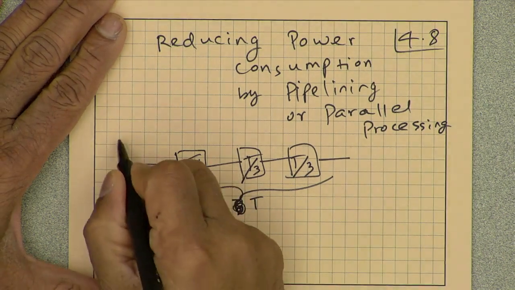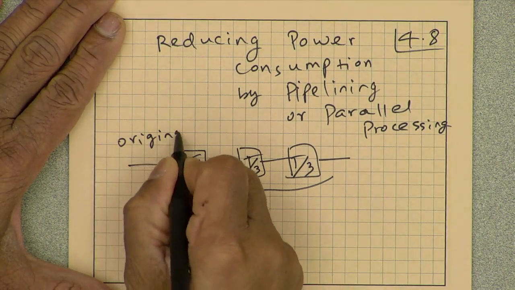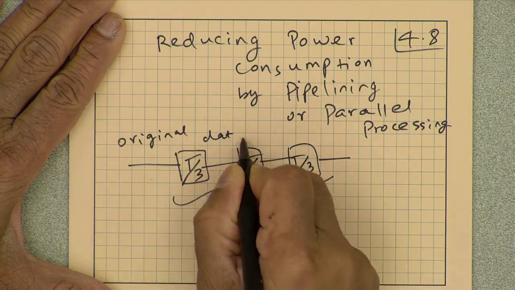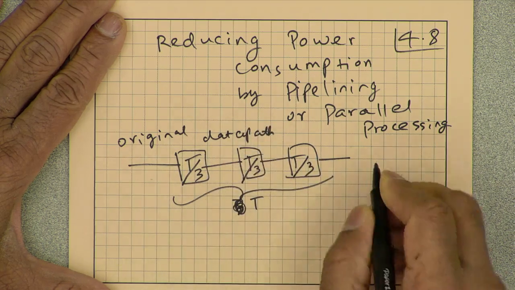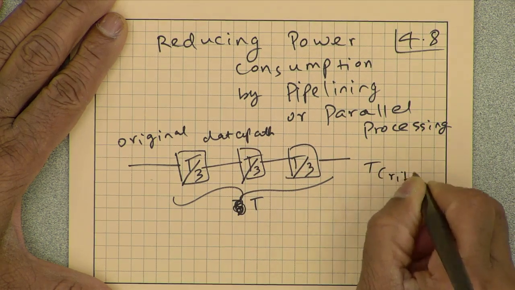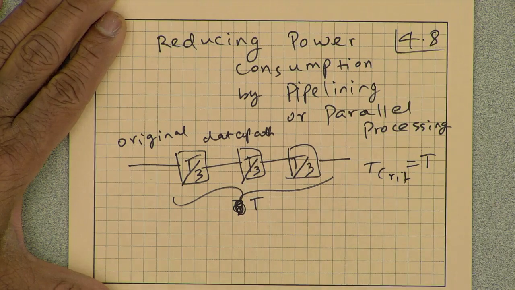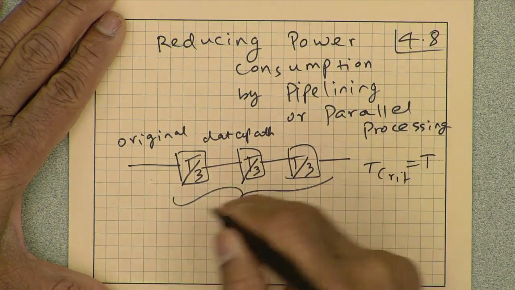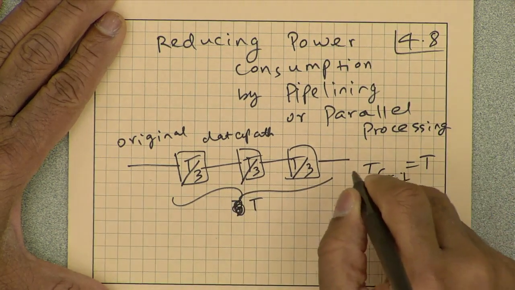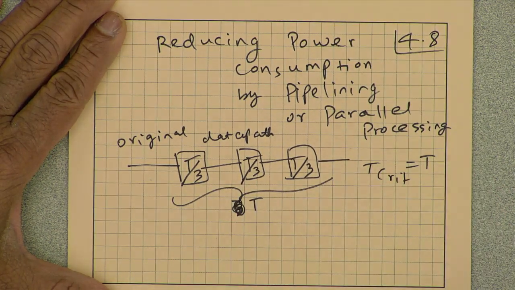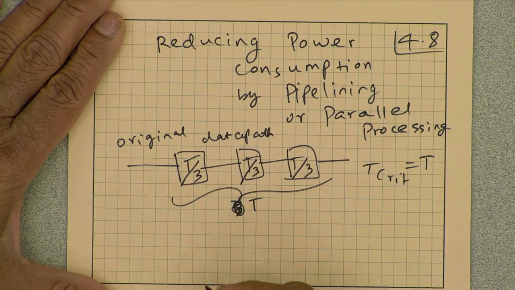So this is our original data path. The original data path has a critical path of t, because it has 3 stages without any delay, and the total critical path through this is the sum of all these.